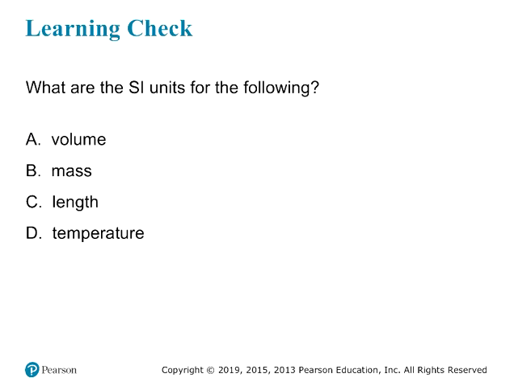All right, so let's do a quick learning check. What are the SI units for the following? A, we have volume, B, mass, C, length, and D, temperature. So what is the SI unit for volume? That would be the cubic meter.